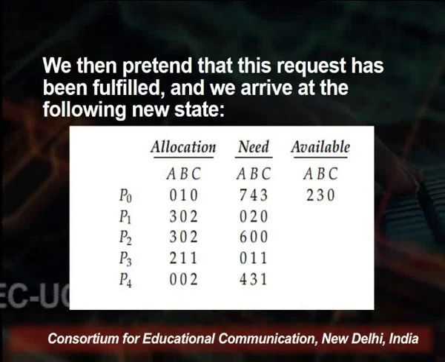But we also need to check what the situation of the state will be after allocation. So let's say for some time we pretend that this request has been fulfilled. Here is the new state: the availability has reduced and the allocation has increased. The availability has now become 2, 3, 0, while the request 102 has been entered in the need.